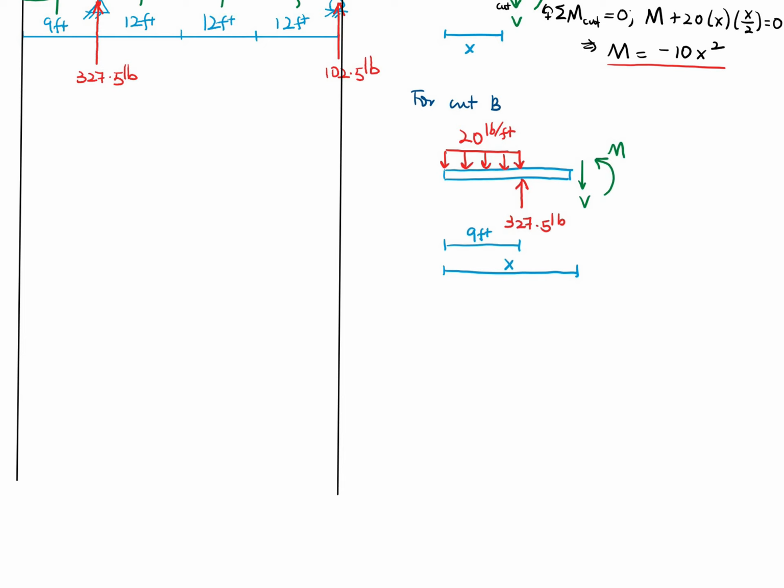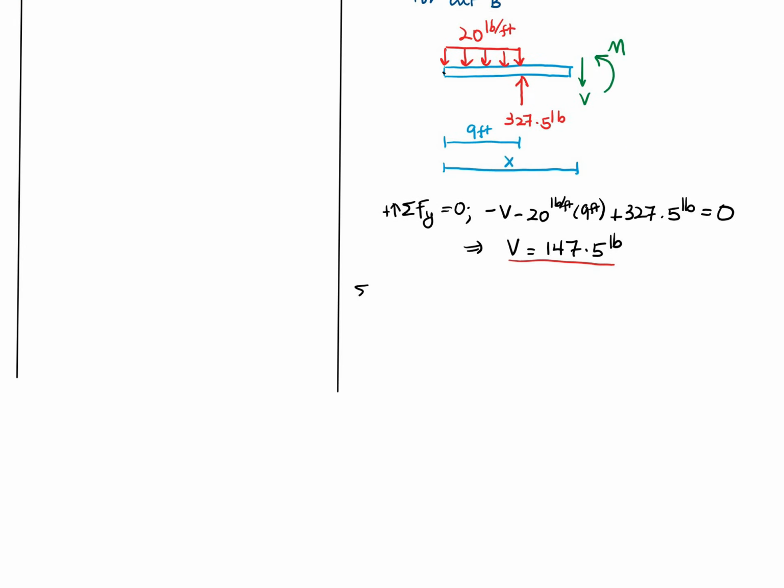Summing forces in the y direction, we have -V minus 20 pounds per foot times 9 feet plus 327.5 pounds, and that gives me V equals 147.5 pounds. You'll see that in this case, your shear doesn't have any x component, which tells you there's some kind of consistent amount of shear going on, and we'll deal with that in just a bit. So we'll leave that out.